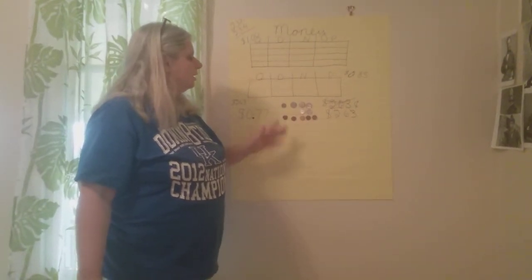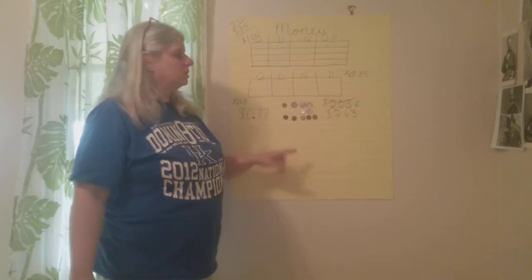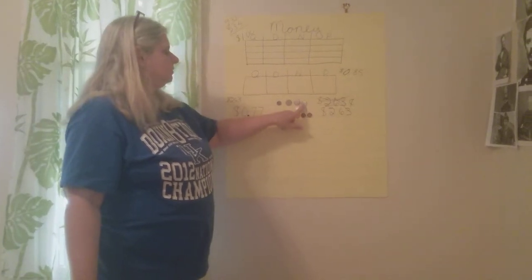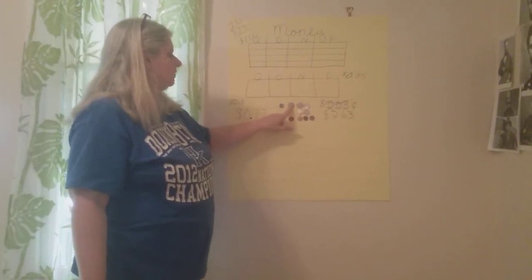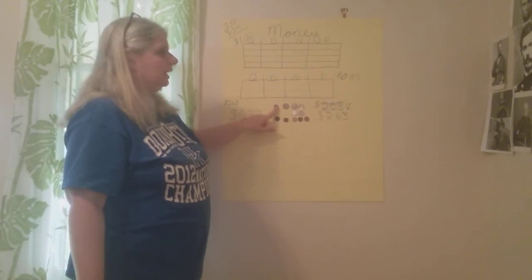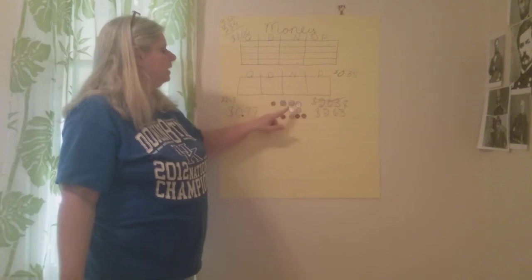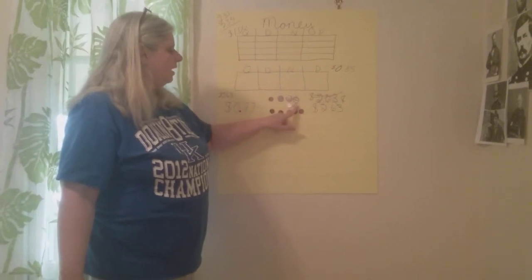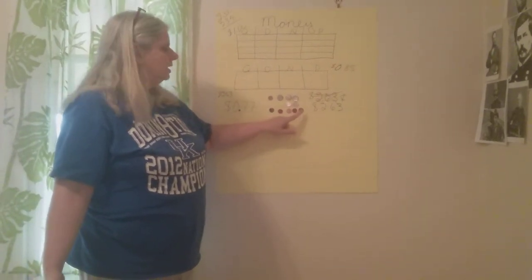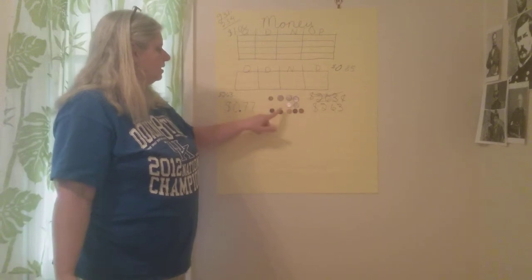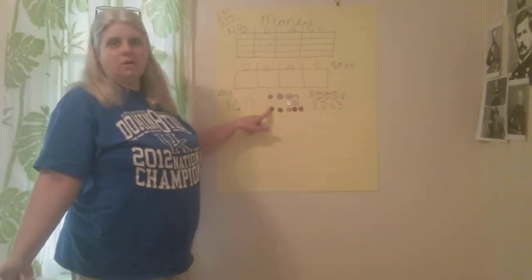All right, so our biggest up here again is quarters, so we're going to start with those, right? 25, 50, 75, 85, because now we're counting by tens. Now we're going to count by fives. 90, 95, and now we're going to count by ones. 96, 97, 98, 99, 100.